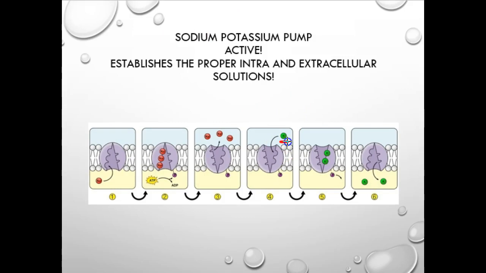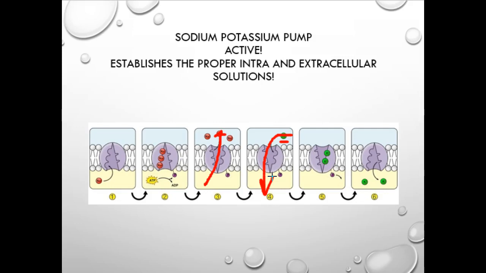What the sodium-potassium pump does is if it senses that the solutions are getting imbalanced, it's going to pump more sodium out to reestablish more sodium on the outside of the cell, and it's going to pump more potassium in to reestablish more potassium on the inside of a resting cell and reestablish that resting cell membrane.